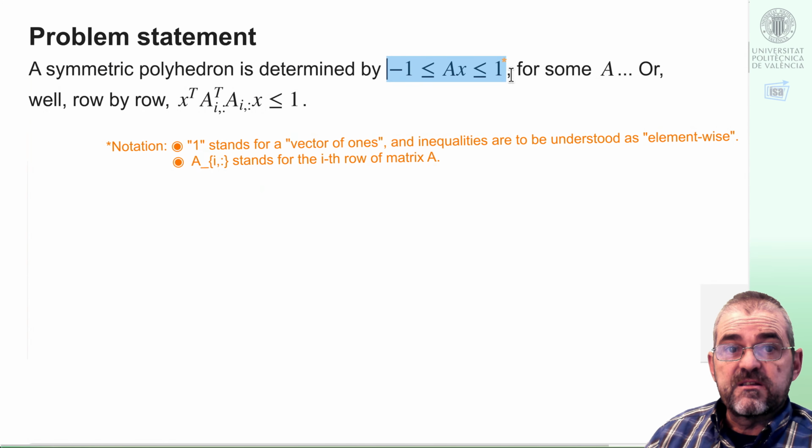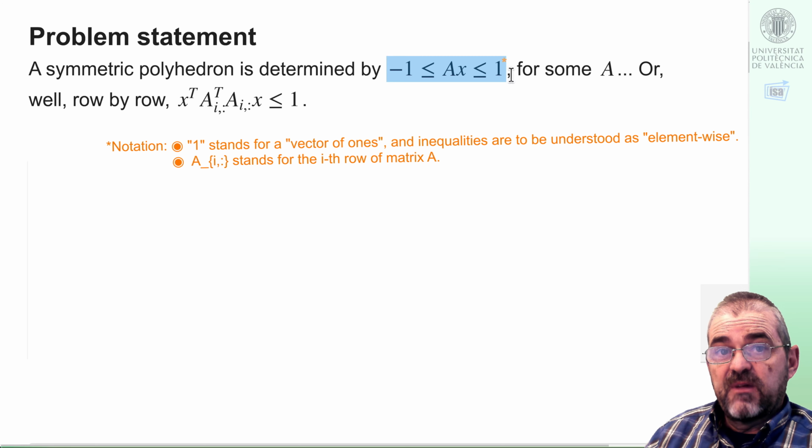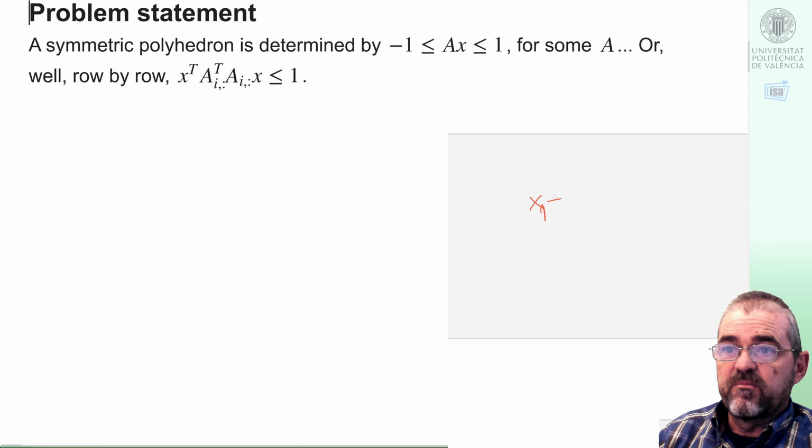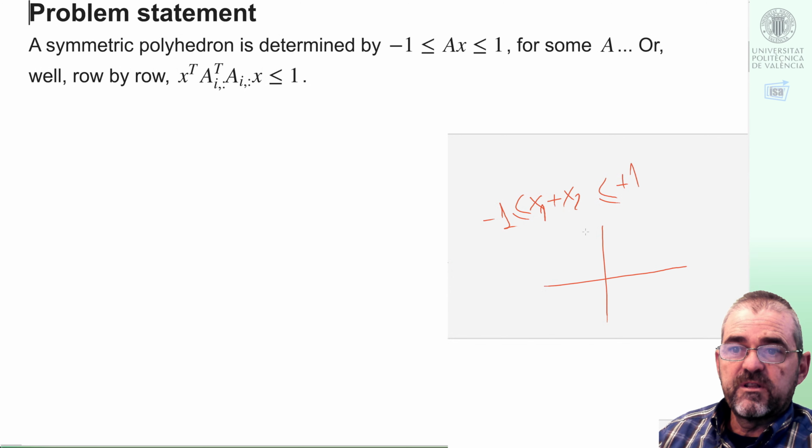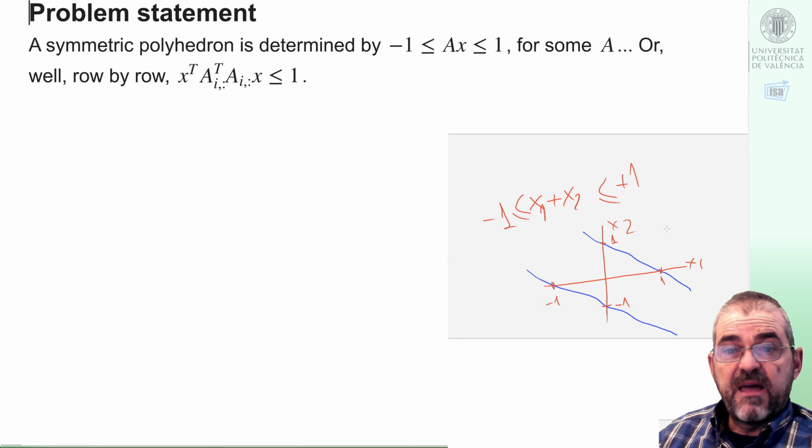Well, a symmetric polyhedron can be encoded with some inequalities by stating that some linear functions, with A being a matrix and x a candidate point to be inside our shape, then if row i of Ax is between -1 and 1, that can define a band, say x1 plus x2 between -1 and +1 would end up defining this band.